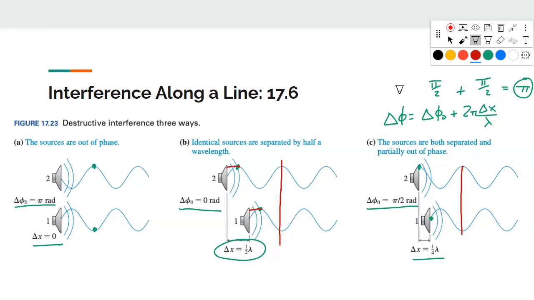Now, if we go off the line, there will be sound, and it will be tricky to see where it interferes, but that's what we're going to see in a couple slides. But at least on the line, which is what this equation is designed to help us with, these two speakers can produce the same interference pattern, whether by initial phase difference, spatial difference, or a combination of the two.